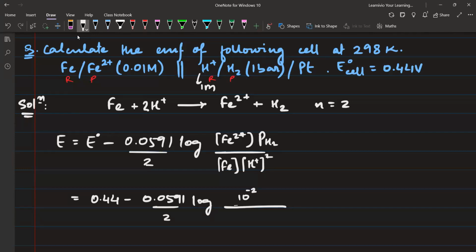Multiplied by the pressure of H2, how much? 1. And the concentration of iron I will take as 1 because iron is a pure solid. Concentration of H plus is also given as 1, squared. Overall, it will be equal to 10 to the power minus 2, which will be equal to how much?